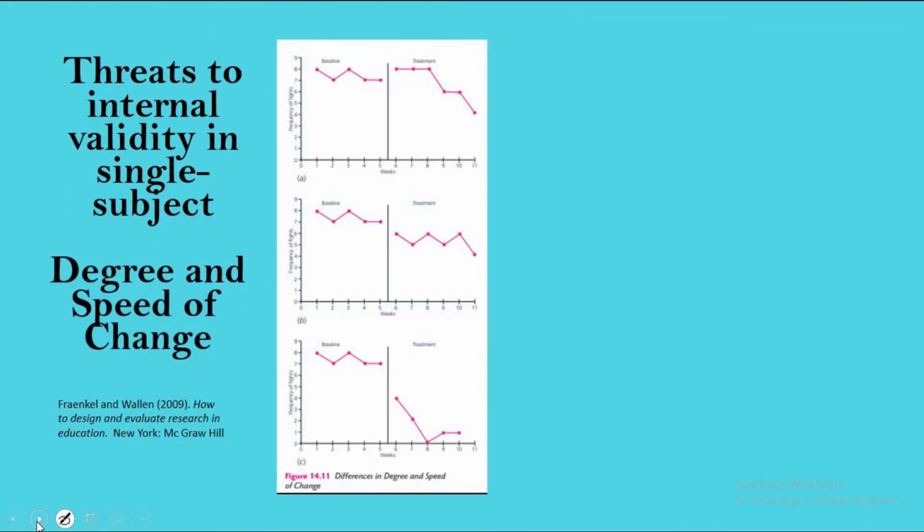Another threat is the degree and speed of change. So we have to factor into consideration the magnitude of the data change at the time of intervention. What do we mean by this?